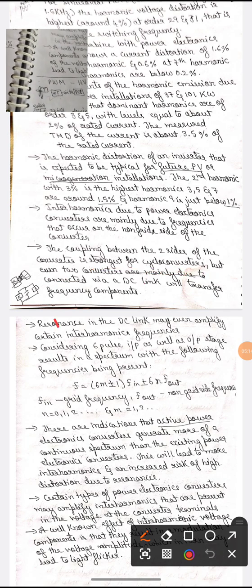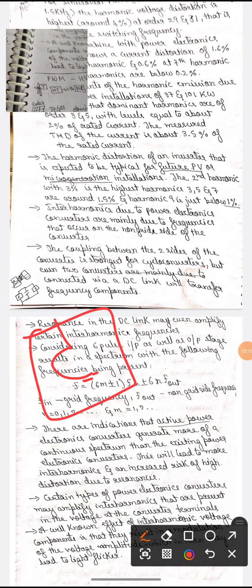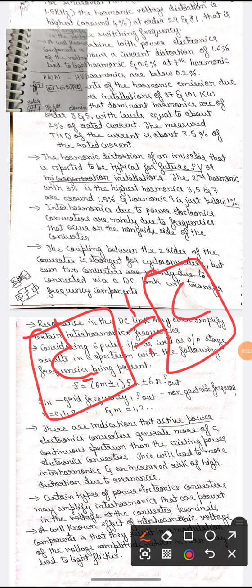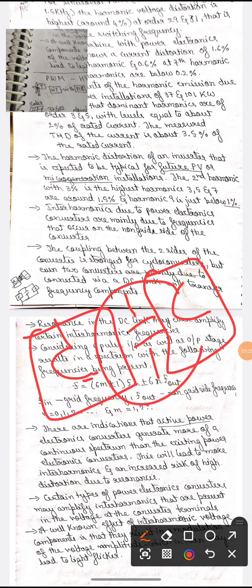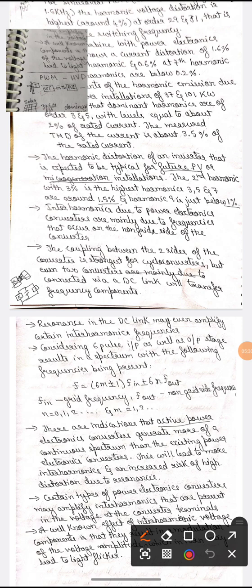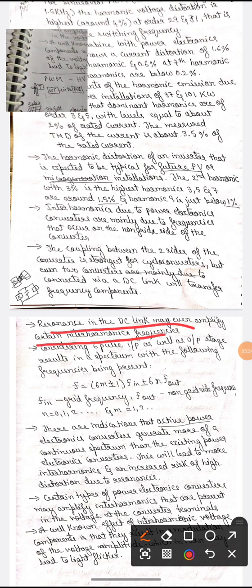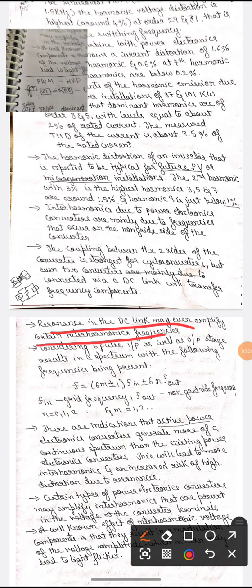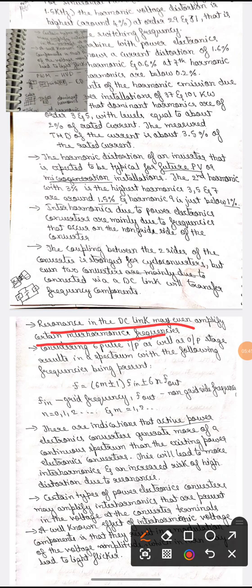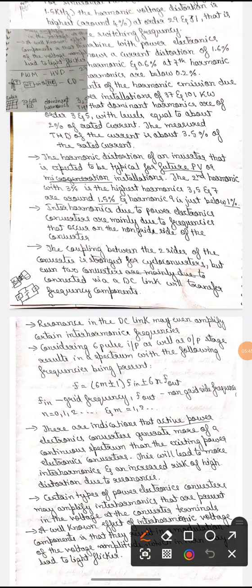So we have two converters and a DC link here, and the DC link will transfer the harmonics. Resonance in the DC link may even amplify certain interharmonic frequencies.